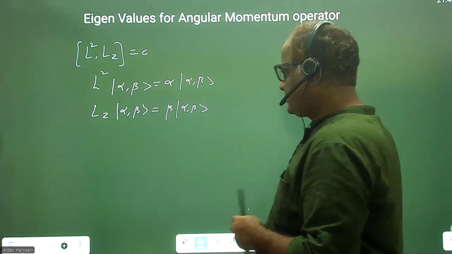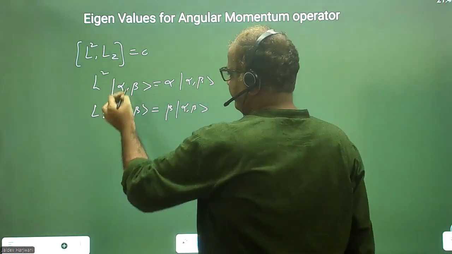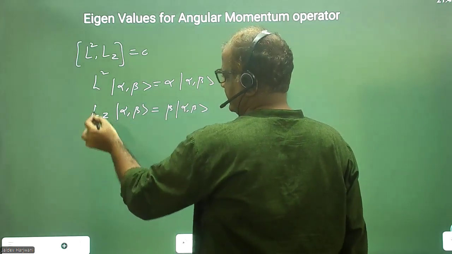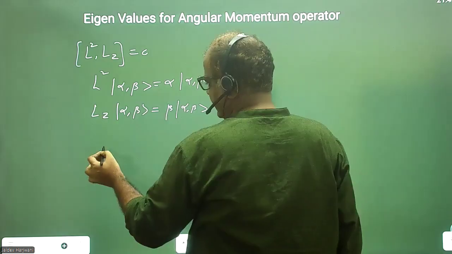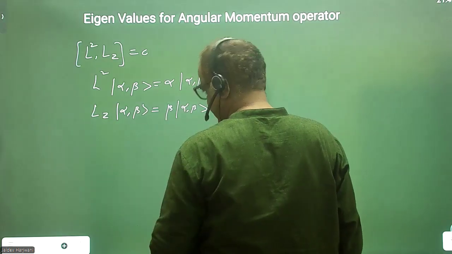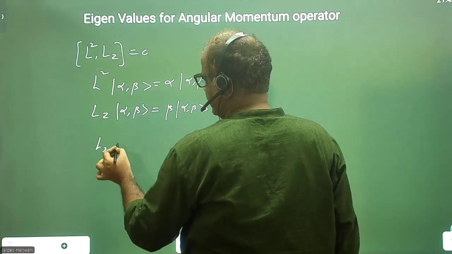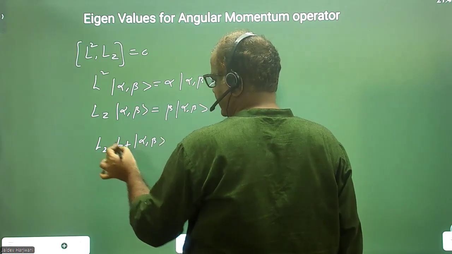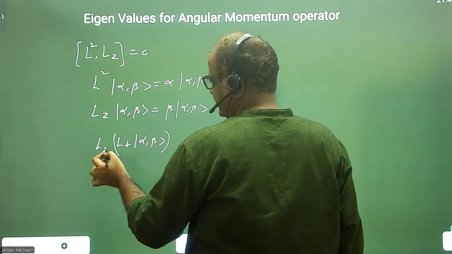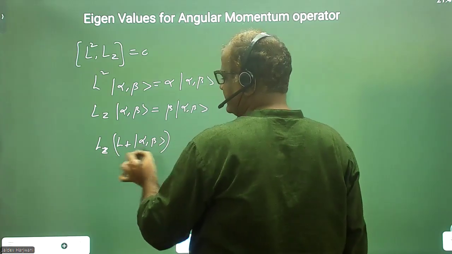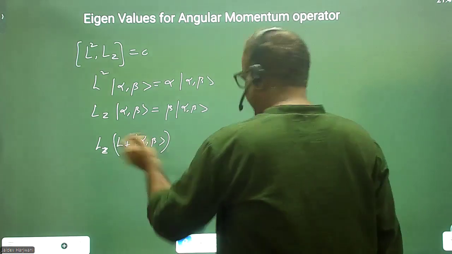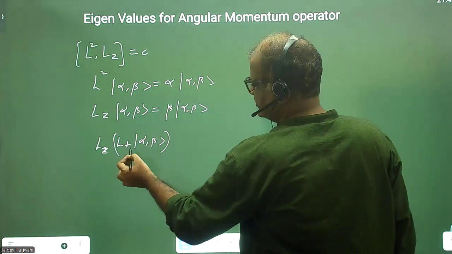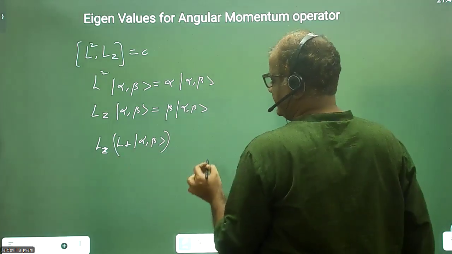Now, if alpha beta is an eigenstate of Lz, and I calculate L plus on alpha beta, I claim that this is also an eigenstate of Lz. So let us calculate what happens when Lz operates on L plus alpha beta.